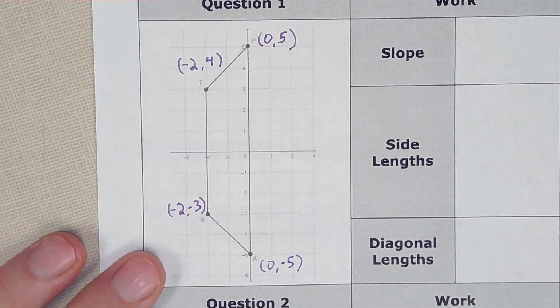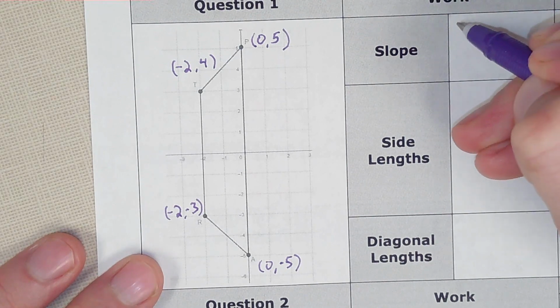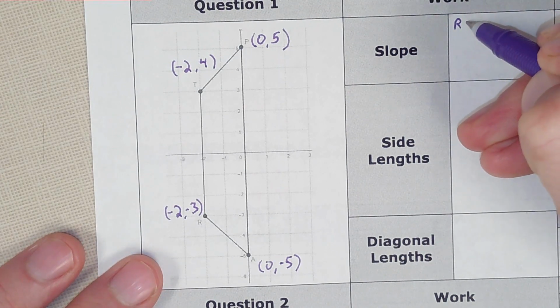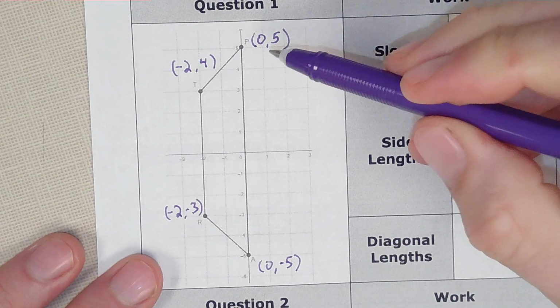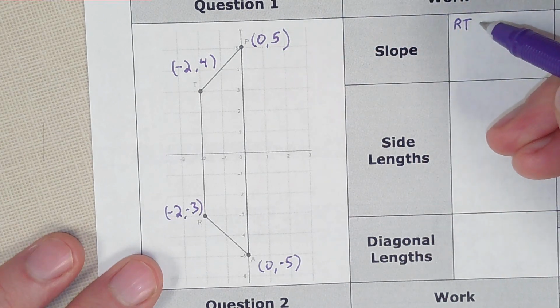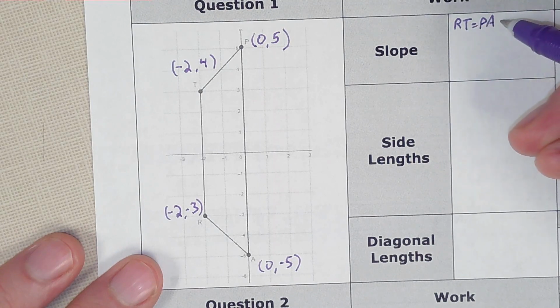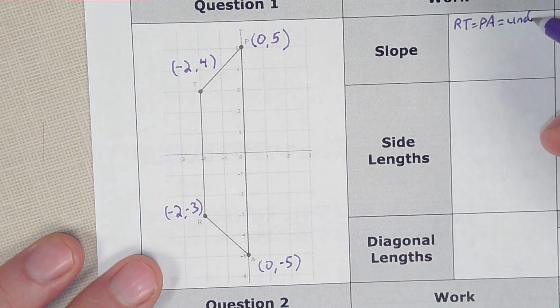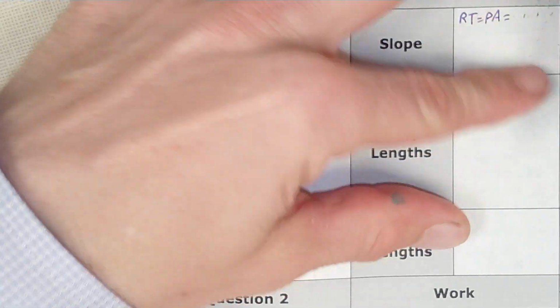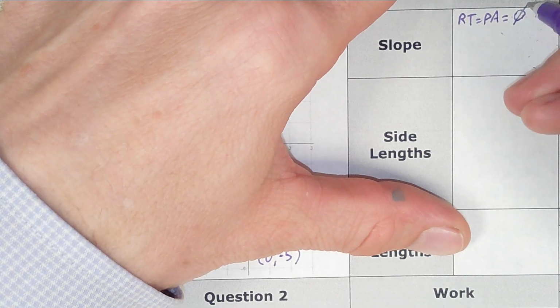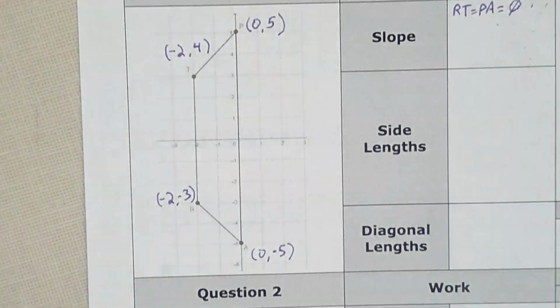It's pretty obvious here that the slope of RT and the slope of PA are both equal, and they're both undefined. The symbol for undefined is a 0 with a slash through it.